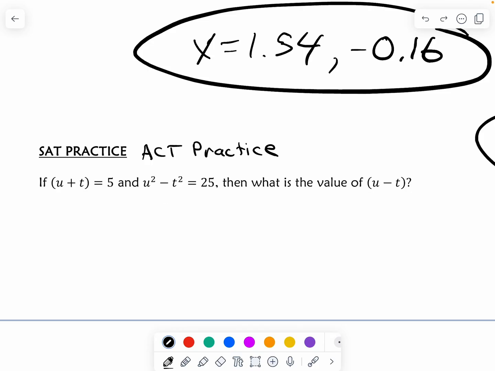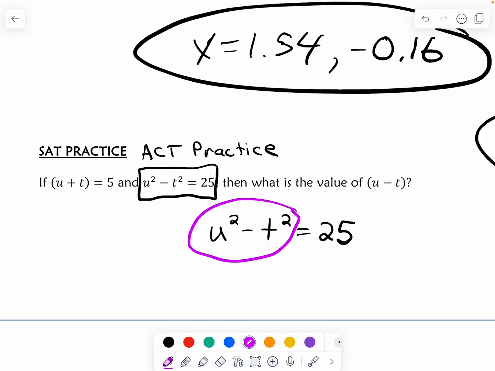The first thing you should always gravitate towards in these type of problems is the equation that's given. And think about what type of factoring does this look like? Even though it's just variables and not numbers, to me, this is difference of squares. So it's the same thing.